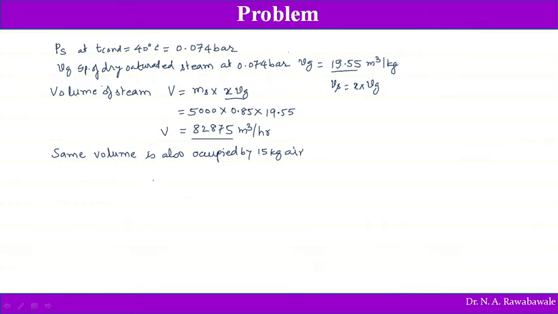Therefore, the partial pressure of air, according to Dalton's law of partial pressures, the pressure of air in the condenser is given by PV is equal to mRT.